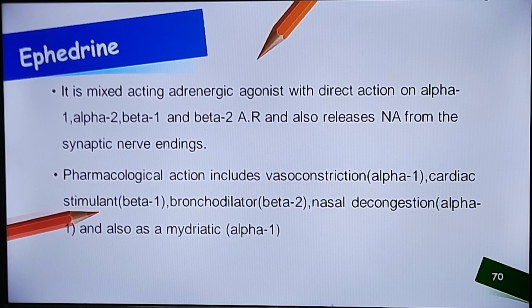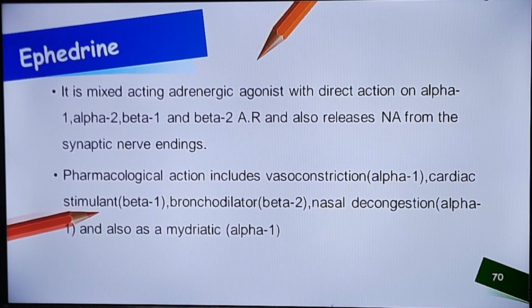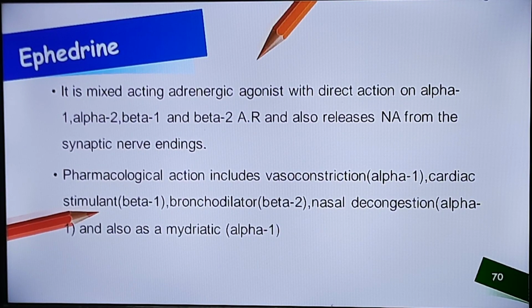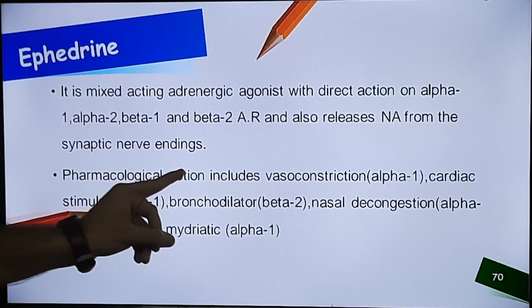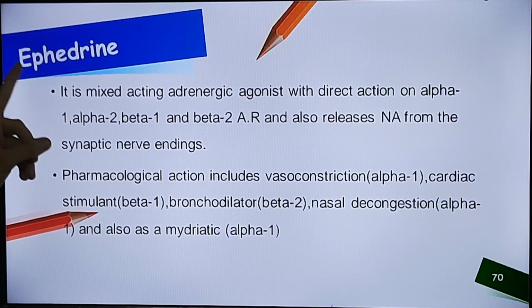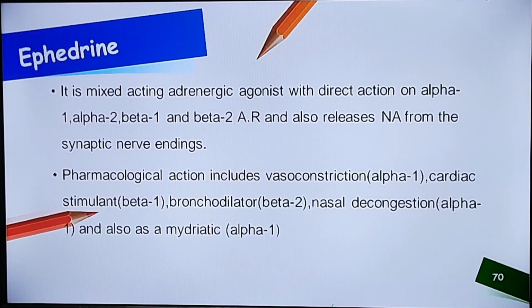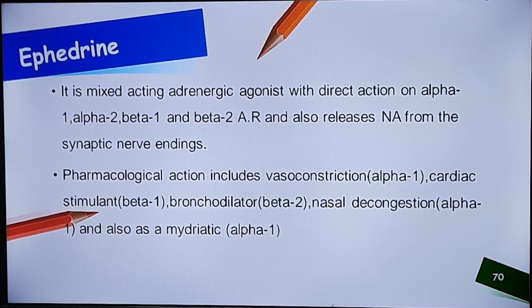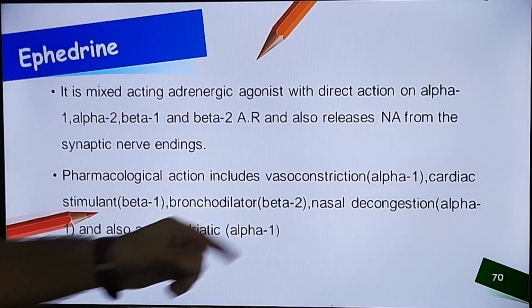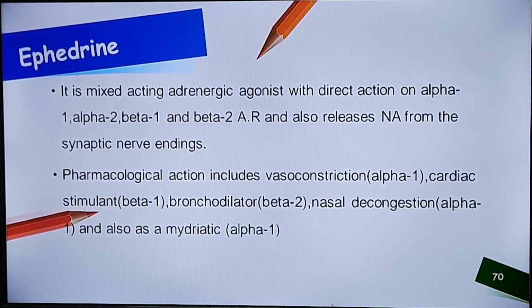Now just remember, thoda sa logically you think, what will be its pharmacological action? This particular ephedrine can work on our alpha 1. alpha 1 कहाँ पे होते हैं? ब्लड वेसल में होते हैं. ब्लड वेसल में whenever we stimulate our alpha 1 adrenergic receptor, it will constrict.